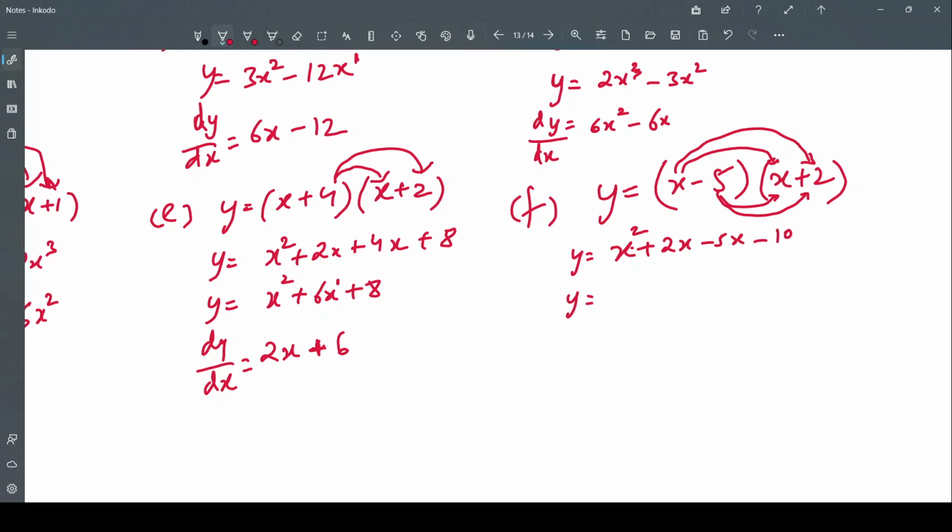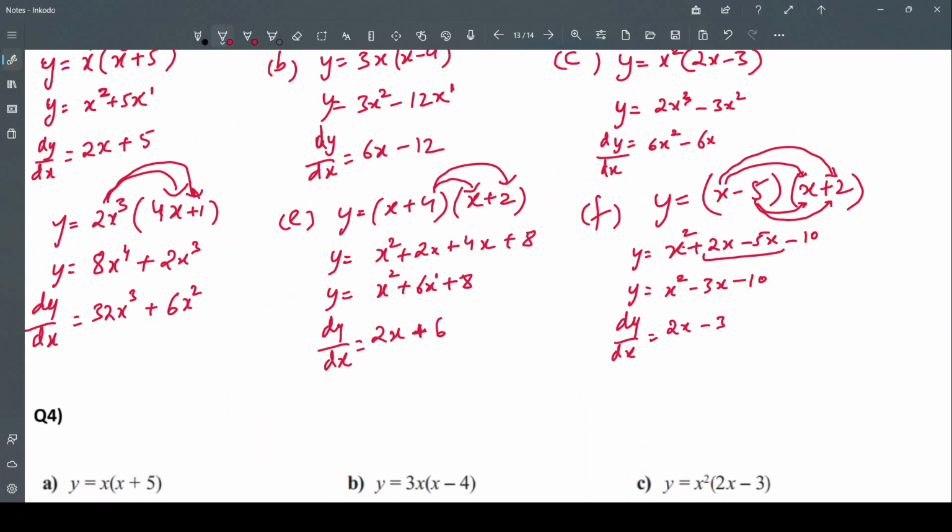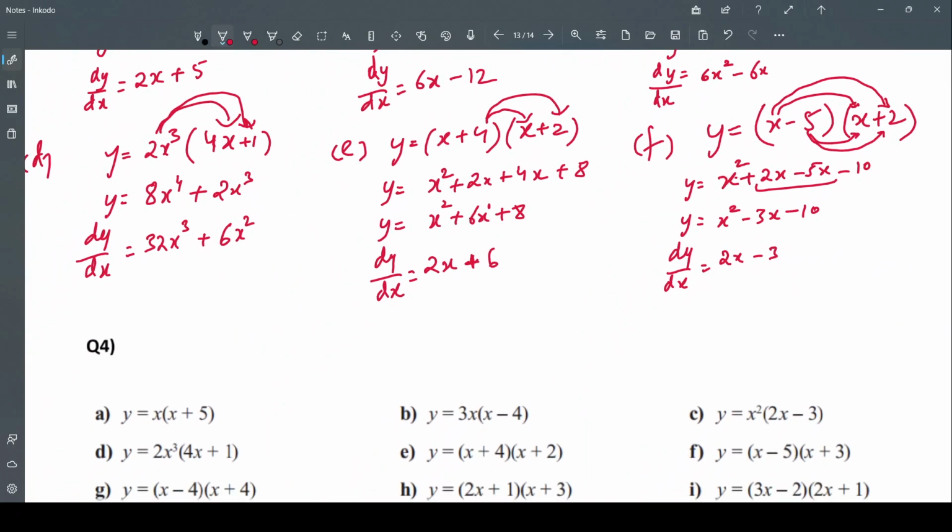Now we have to simplify a little bit more, because 2x and minus 5x are like terms. So if I simplify, it will give minus 3x minus 10, since 2x minus 5x is minus 3x. Now differentiate with respect to x. We'll get 2x minus 3, and differentiation of any constant is 0. 2x minus 3 will be your answer.